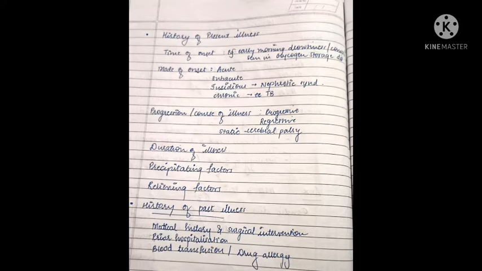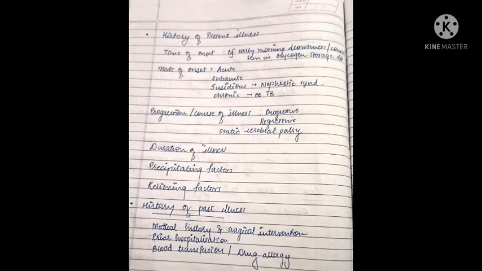Now, mode of onset can be acute, subacute, insidious, or chronic. Progression can be that the condition becomes better, becomes worse, or remains static. Next, we need to know the duration of illness, like whether it lasts more than a week or is of shorter duration.